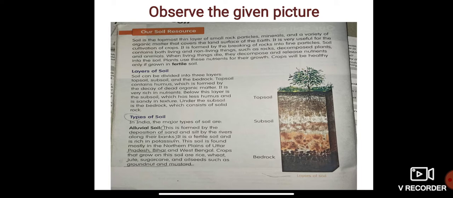Okay, so I want all of you to observe this picture. First of all, please take out your textbook, the content book, and you can observe from the textbook. You will find it on page number 44.